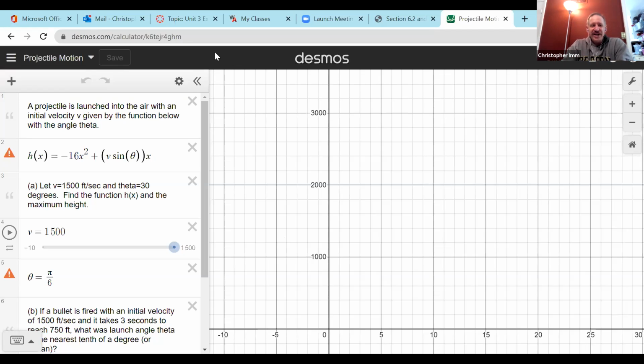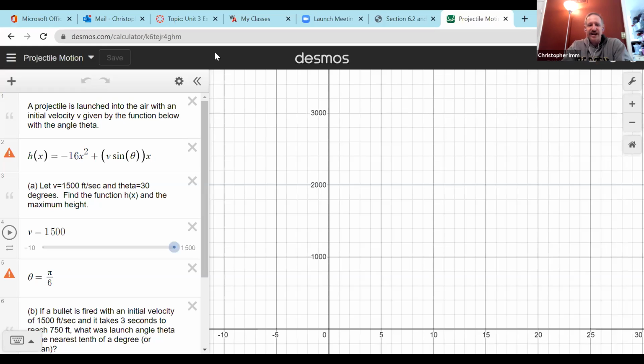So we're going to be looking at a projectile that's fired into the air at some angle, and it's given by this function. I wanted to use t there for the input, but Desmos won't let me. So pretend that those x are t's in seconds. So let's look at a projectile fired at 1500 feet per second, and the angle theta is 30.